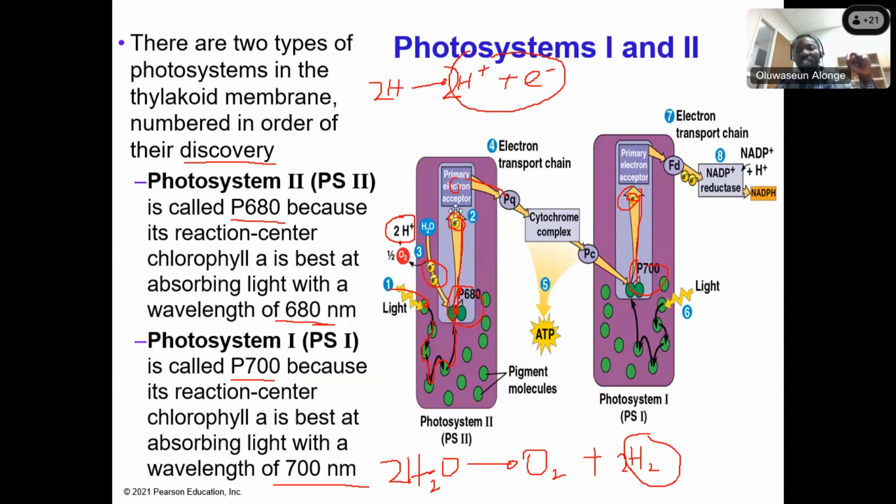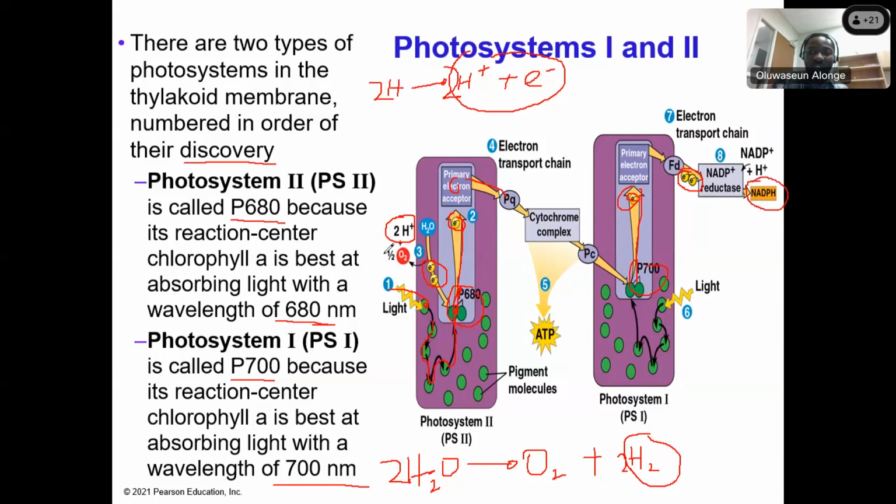So a chain: PS2 helped PS1, and the water molecule helped PS2. So the electron lost here goes through ferredoxin, goes through that way. Then that's the electron that will now be accepted by NADP plus and reduce it to NADPH. So this is how NADPH is formed.